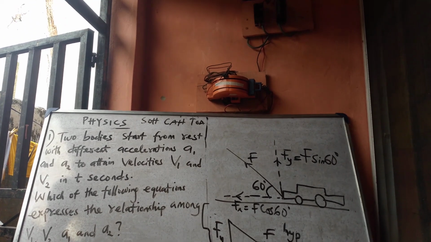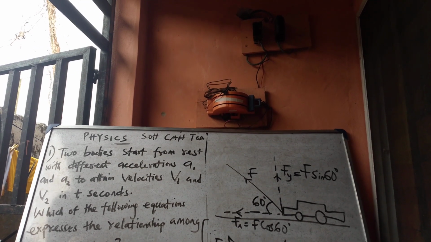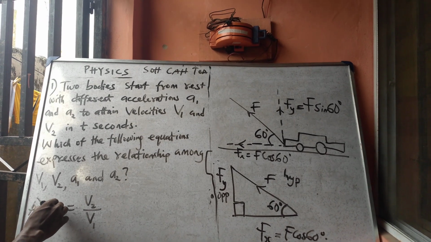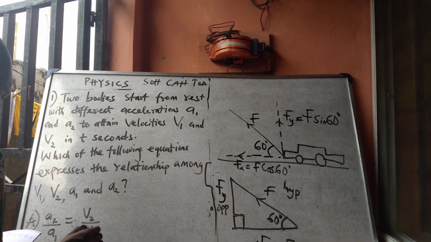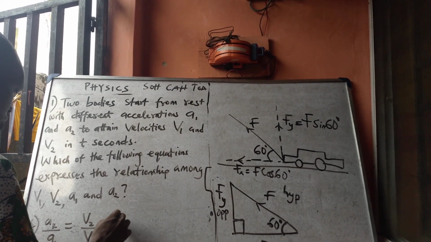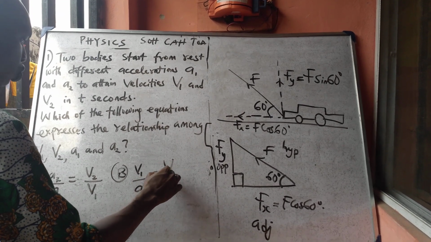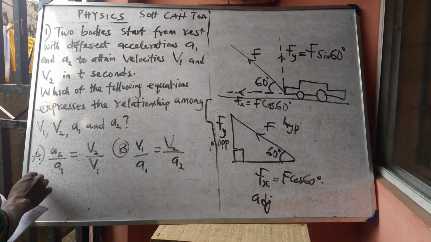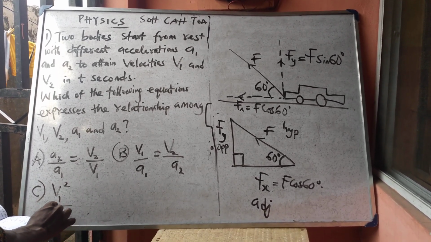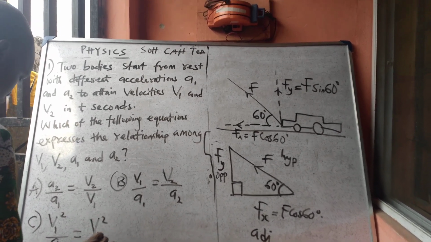Option A: A1 over A2 equals V2 over V1. This will be A2 over A1. B: V1 over A1 equals V2 over A2. C: V1 squared over A1 is equal to V2 squared over A2.